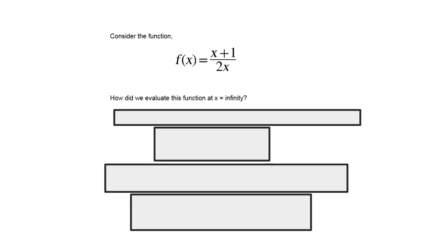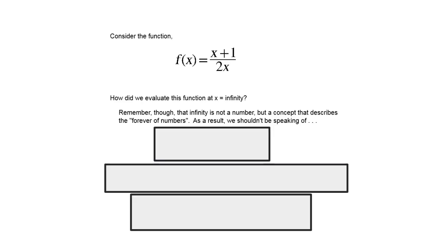Let's consider the function f of x equals the quantity x plus 1 divided by 2x. How do we evaluate this function at x equals infinity? Well, we have to remember that infinity is not a number, but rather a concept that describes the forever of numbers, meaning you give me a number as big as you want to, I will find you a number that is bigger than that number, and we can play that dance forever.